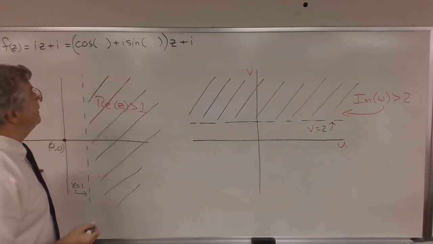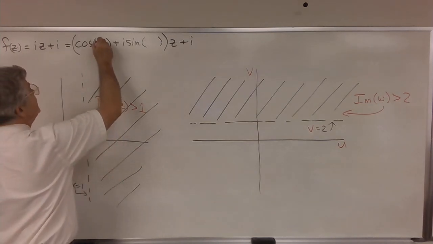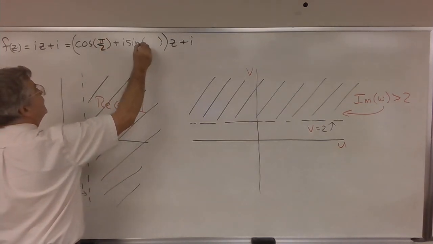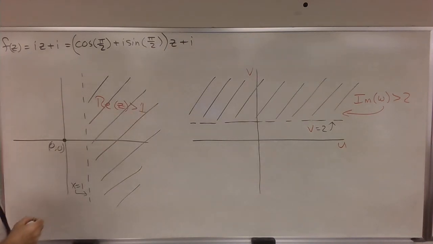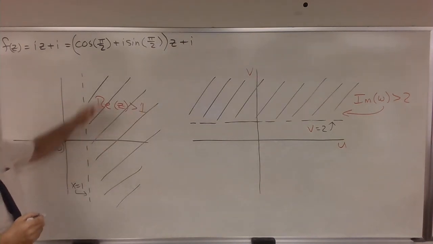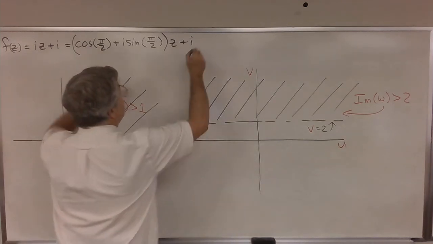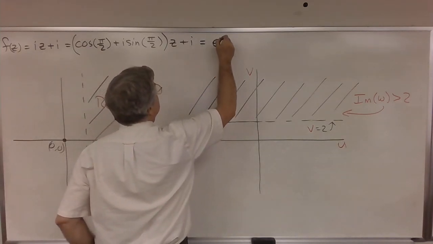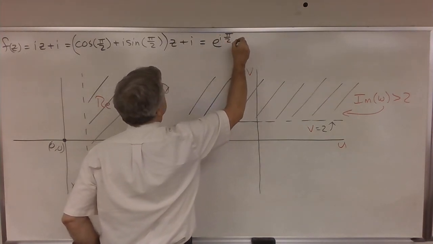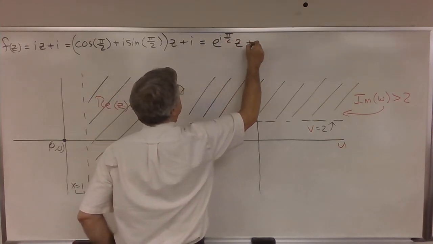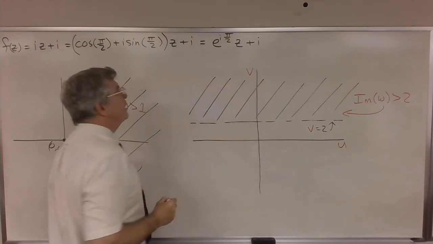I guess the angle inside would be pi over 2, right? Yeah, that looks good. And now I can write this in exponential form. This is e to the i pi over 2 z plus i.